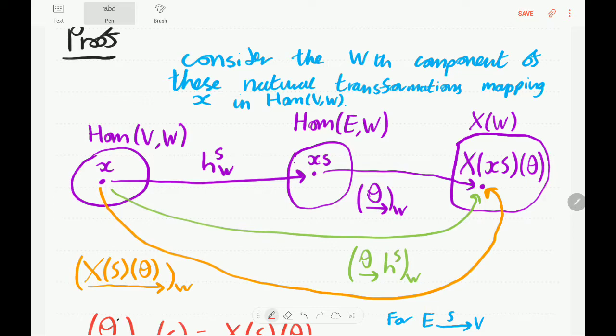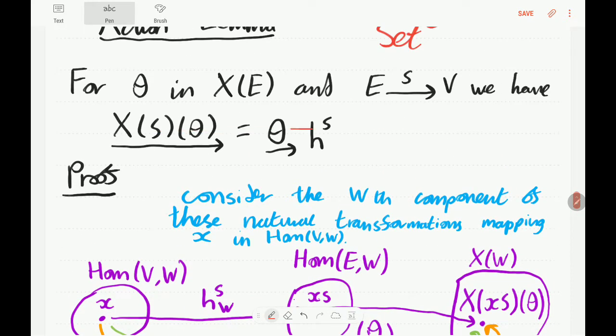Because basically what we're doing with this green arrow and this orange arrow is we've just isolated the W component of these natural transformations, which we're trying to show are equal here.